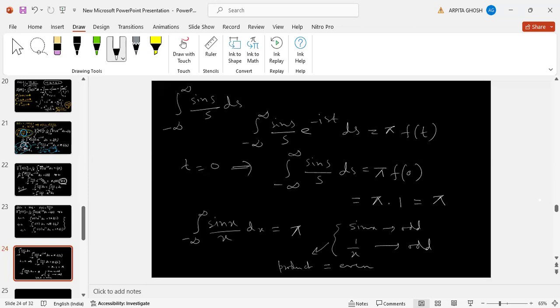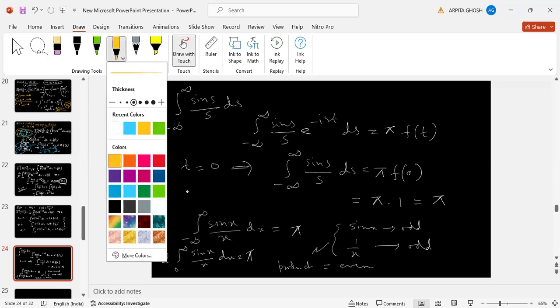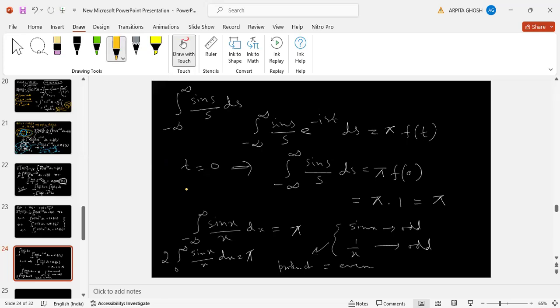That means this can be written as 2 into the integral from 0 to infinity of sin x by x dx, which is equal to pi. So we have the integral from 0 to infinity of sin x by x dx equal to pi by 2. Okay?